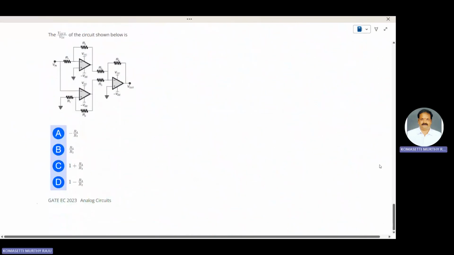In the last year, GATE 2023, this question was asked. Observe this question. Vin is applied to A1 and A2, and there is also A3. For A1, Vin is applied to the negative terminal.